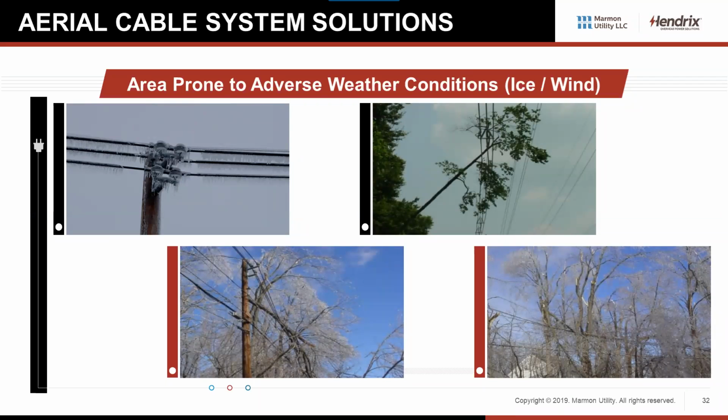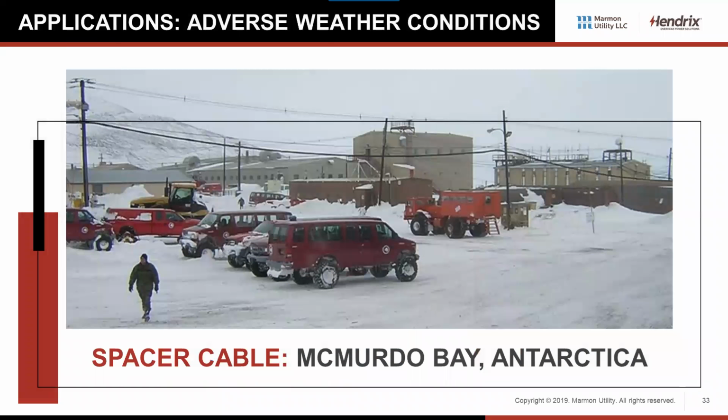We always tend to find an engineer with a company that's going to start using spacer cable as a new construction type for them, and they're sticking their neck out and saying, I think this would be good for us to use. So when they have a big storm come through and it performs the way it's supposed to, they're always proud to send us pictures of damage and stuff.